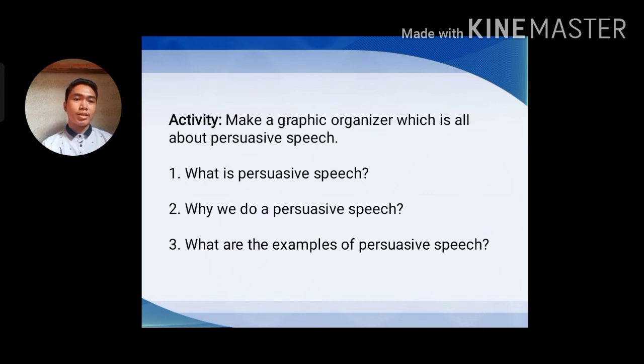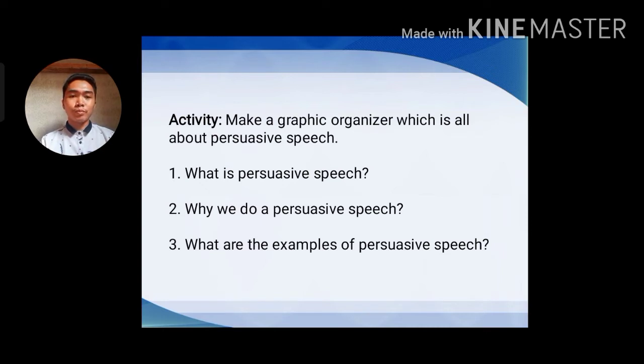Okay, that's a nice idea. Let's proceed to group 3. Okay, very good. Now the last but not the least, group 4. Please present your graphic organizer. Okay, very good, group 4.